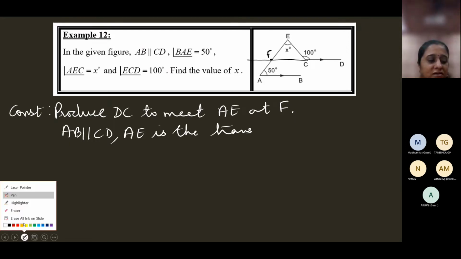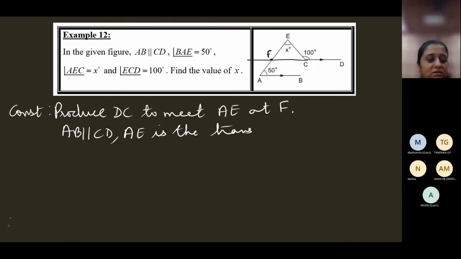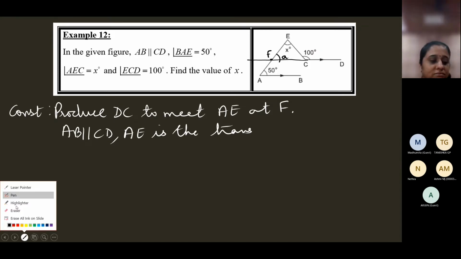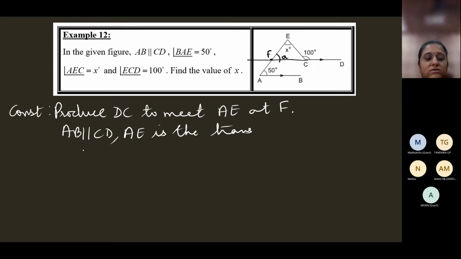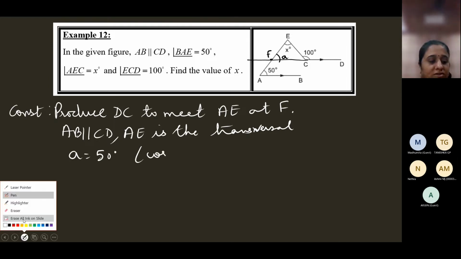Let me mark this angle. Let me mark this one as A. AE is a transversal. So A is equal to 50 degrees. Corresponding angles are equal. Or if you want, you can write this extra step.